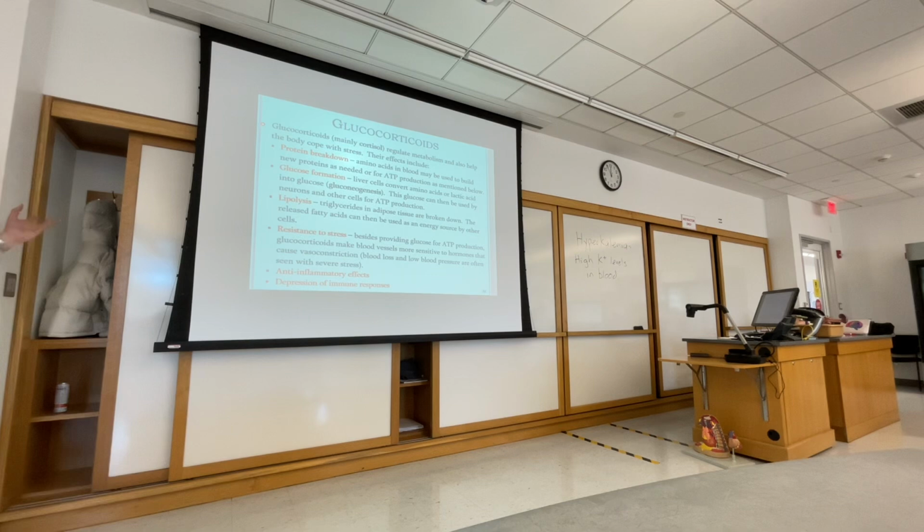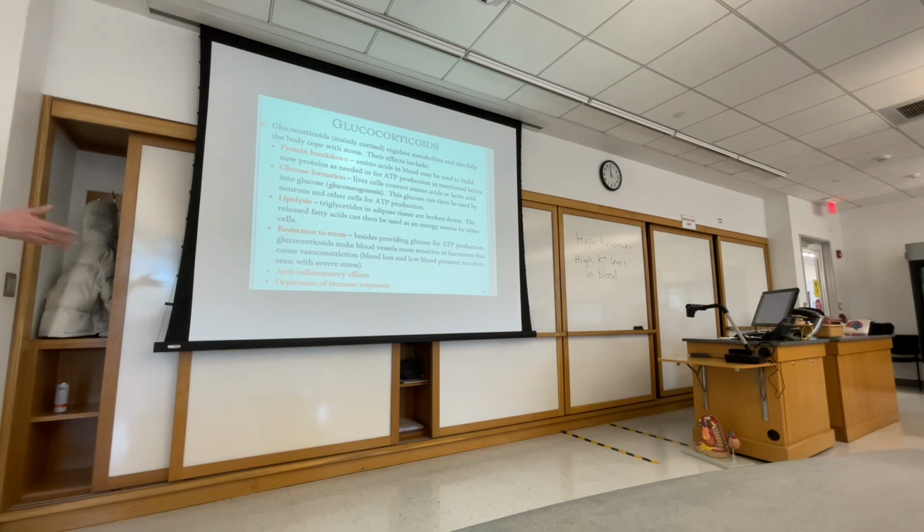Cortisol, again, is providing resistance to stress by basically making lots of glucose available to your body cells so that they can fight off the stressful situation, okay? Another benefit during stress situations is they make your body more sensitive to hormones that vasoconstrict, such as epinephrine and norepinephrine, which come from the adrenal medulla, right?